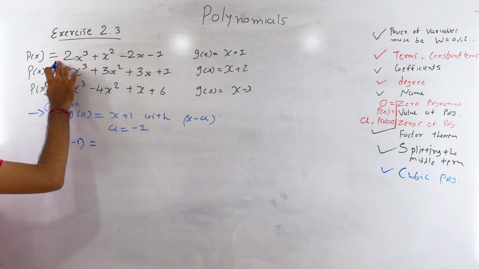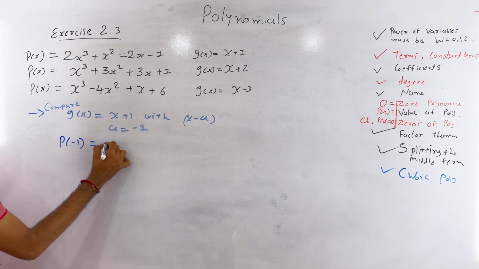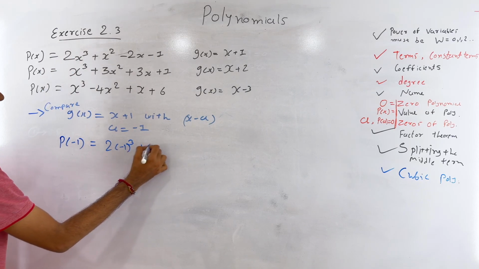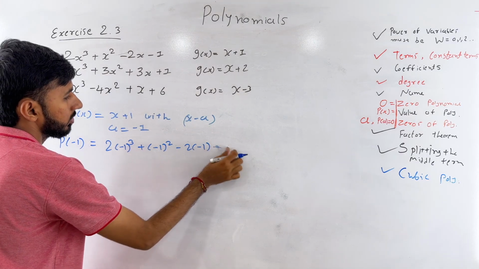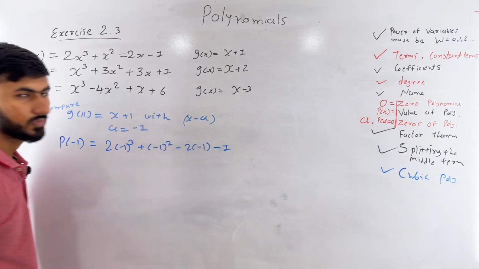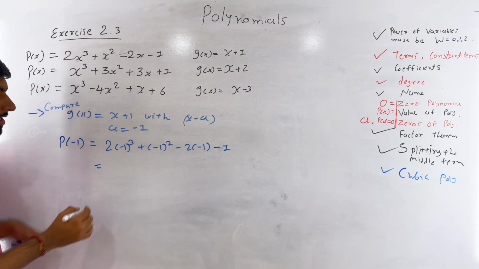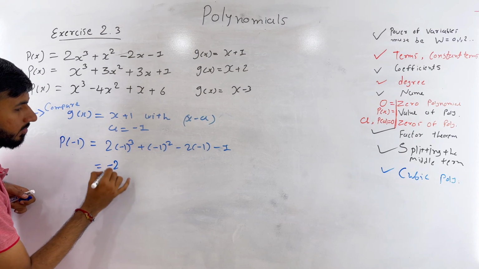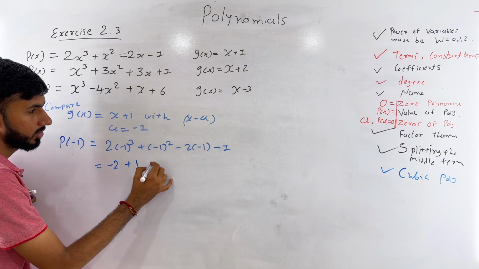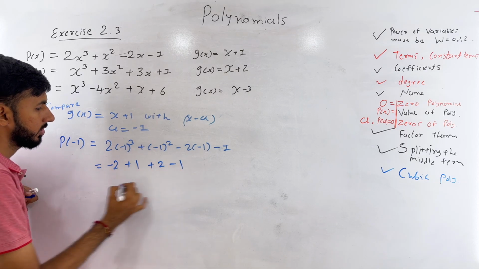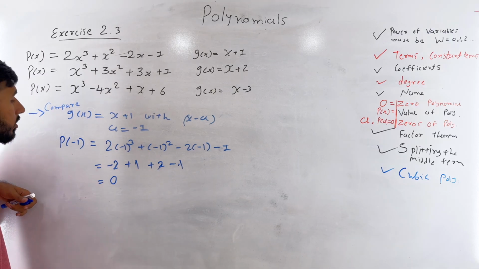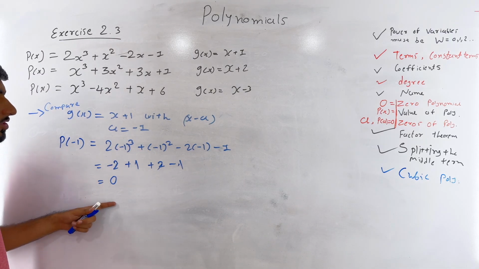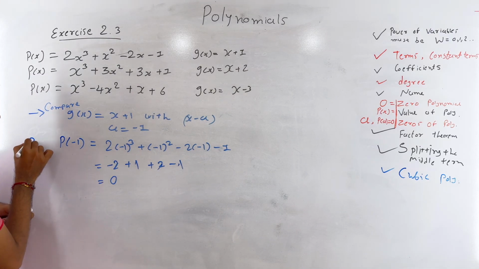So for this polynomial, p of minus 1 will be 2 in bracket minus 1 cube plus minus 1 square minus 2 in bracket minus 1, and here also minus 1, right? So my answer will be, here I have to write minus 2, here I have to write plus 1, again plus 2 and minus 1. So minus 2 plus 2 cut, plus 1 minus 1 cut, so I get 0. So I get p of minus 1 is equal to 0, that is p of a.